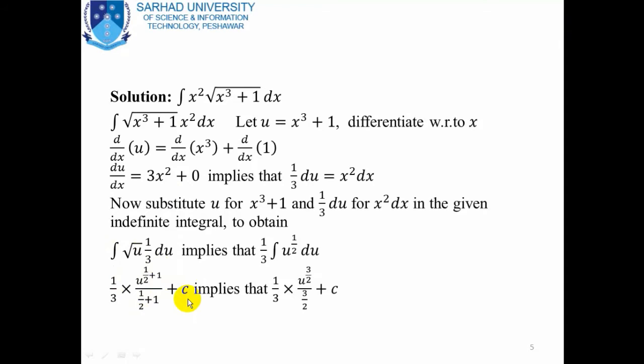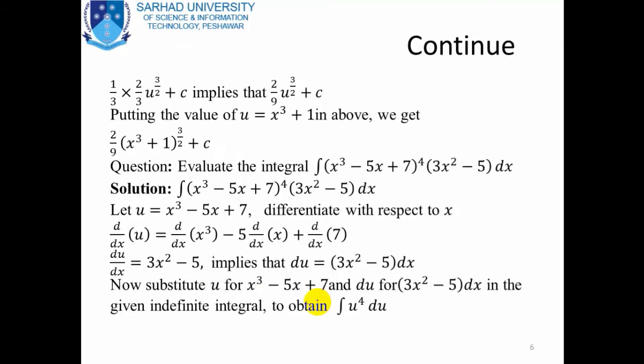Now this implies that after simplification, 1 over 3 is as it is, and taking the LCM, we obtain u power 3 by 2 divided by 3 by 2 plus c. And now at the end of this result, replace u by x cube plus 1, because at the start of the problem we supposed that x cube plus 1 is equal to u.